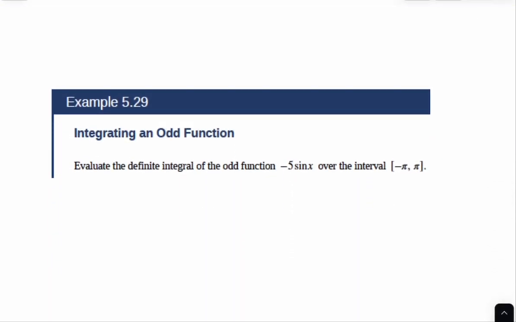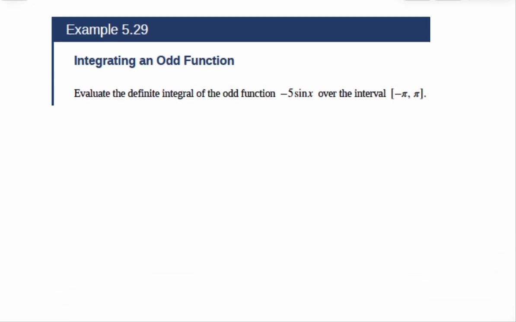The one that it's helpful to is for an odd function. So these two have to be opposites of each other. So if we integrate from -pi to pi of the odd function -5 sine of x, the answer is 0. Now, let's just verify that it really is, okay?